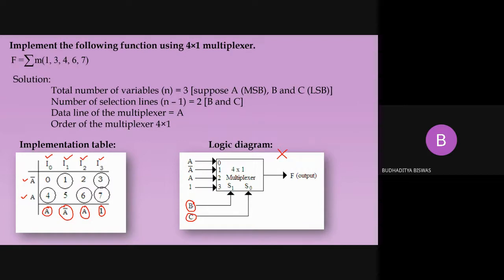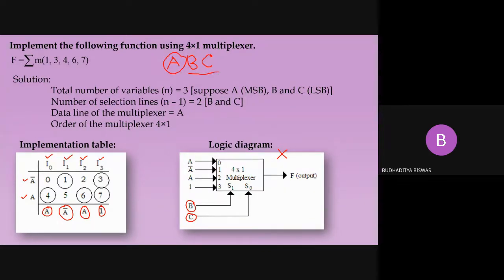These A, B, C are the 3 variables. The MSB among the variables should be treated as the data line. The remaining 2 variables are B and C. Among B and C, which one is the MSB?